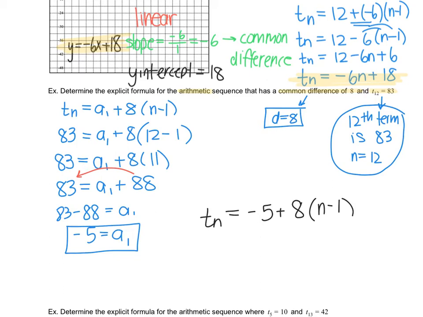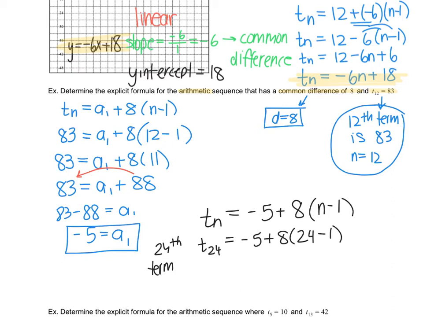Now let's actually use this formula just for fun, and let's say I want the 24th term. If I want the 24th term, I'm just going to replace n with 24. And the way I would write that for good communication, T24 equals negative 5 plus 8 times 24 minus 1.